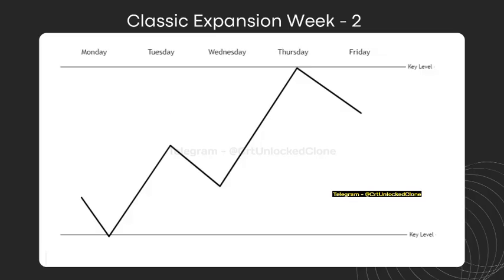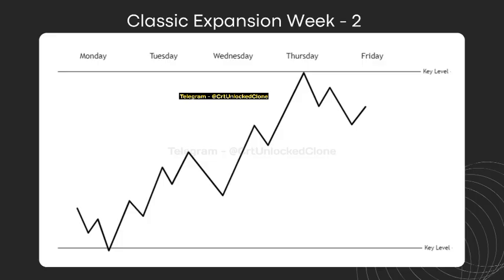So in this case, Monday tests a higher time frame key level, and the rest of the week we start our journey higher towards the opposing key level and the drawn liquidity, right? And we reach the weekly objective. And once that objective is reached, Friday's candle is a retracement. So in this case, you can see that during Wednesday we have a retracement before we expand higher again, because we know that price never moves in a straight line and always moves in market profiles, right?